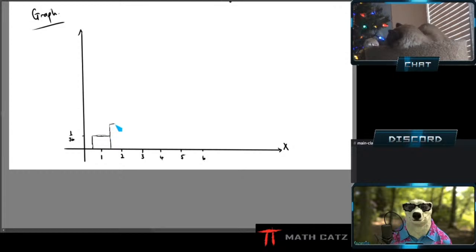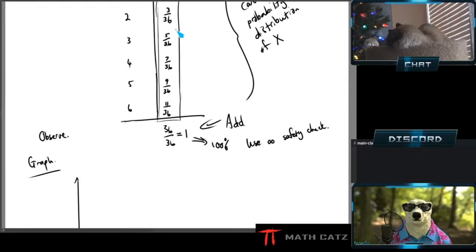Then at 2, I have a bar that has height. The key thing is that however you draw this bar, whether it's a thin, tiny little bar or a thicker bar, it has to have height matching these probabilities.